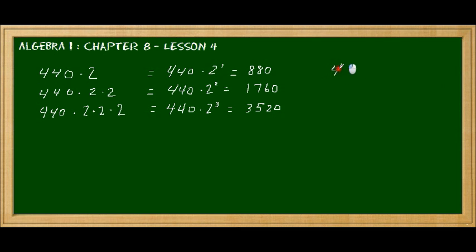So let's go with 440 times 2 to the nth power, and we saw that n in this case was equal to 1, then it was equal to 2, and then it was equal to 3. So we just plugged in this value here, and we created these values, all right?